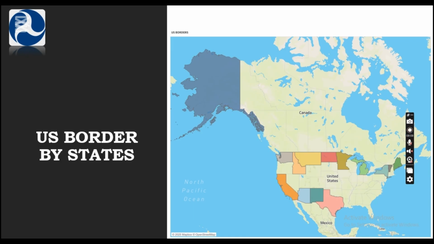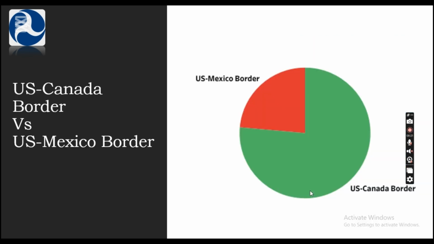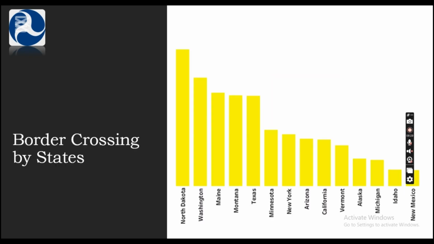We saw clearly that there are more states on the US-Canada border compared to the US-Mexico border. We also realize that the US-Canada border has more activity compared to the US-Mexico border. One of the states, North Dakota, is the highest based on border crossing. We're going to talk about why it is like that very soon.